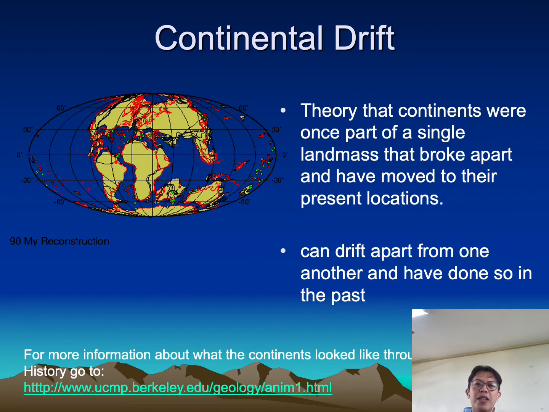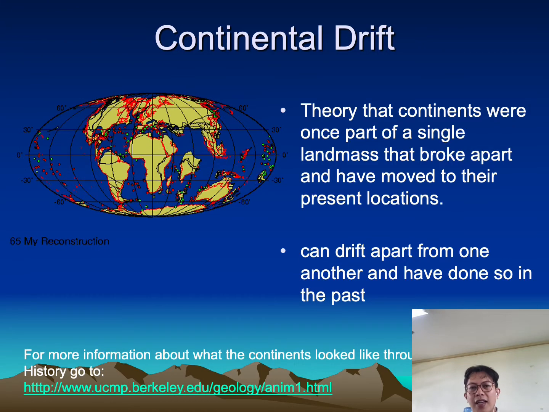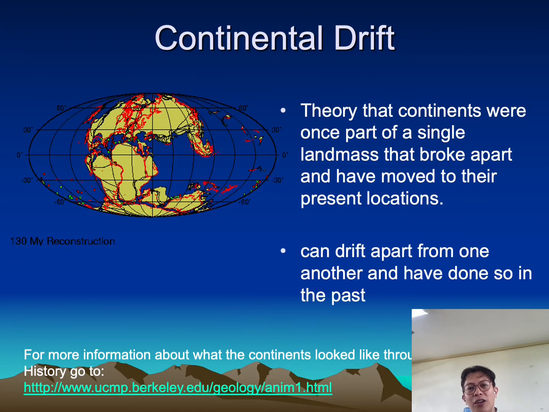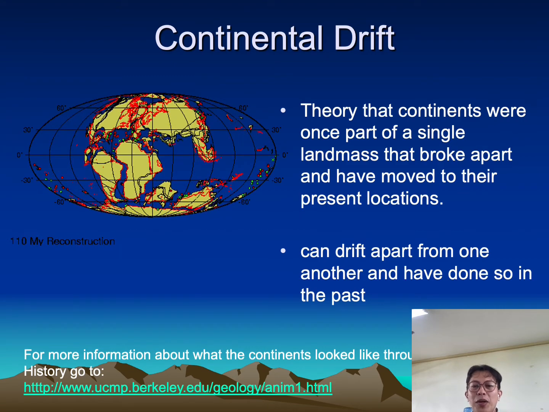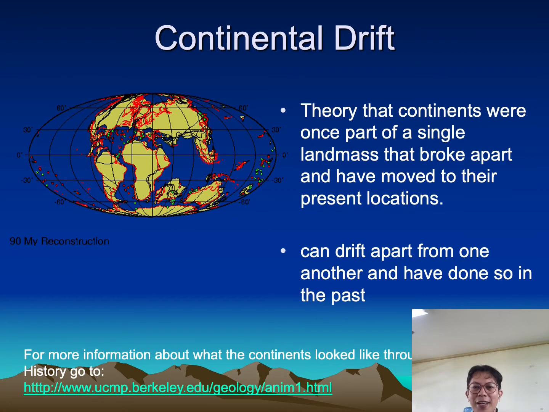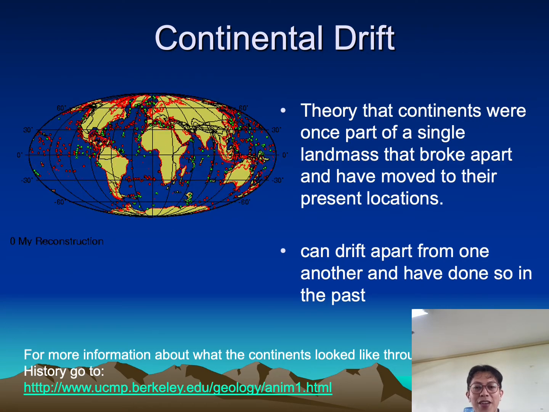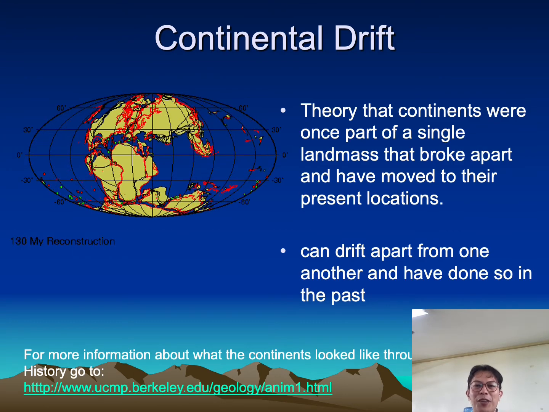All right. So the theory of continental drift says that continents were once part of a single landmass that broke apart and moved to their present locations. They can drift apart from one another and have done so in the past. That's basically the idea of continental drift.